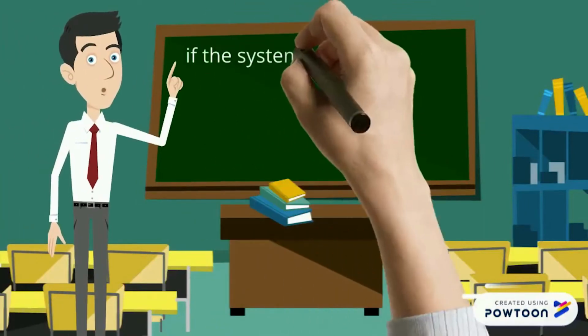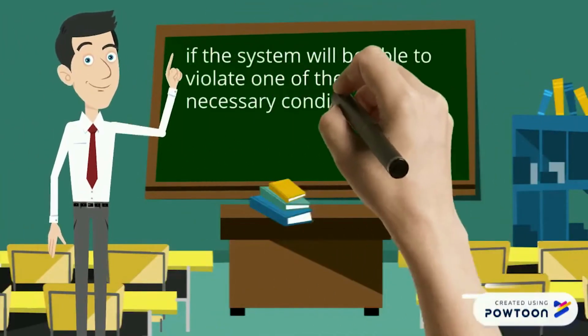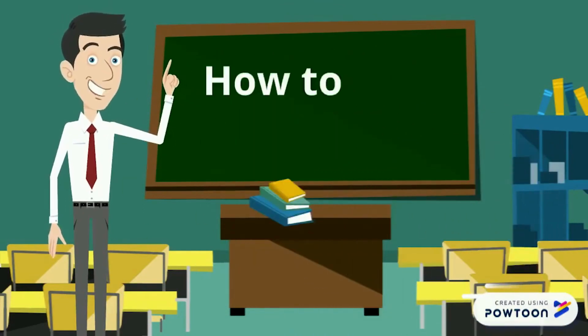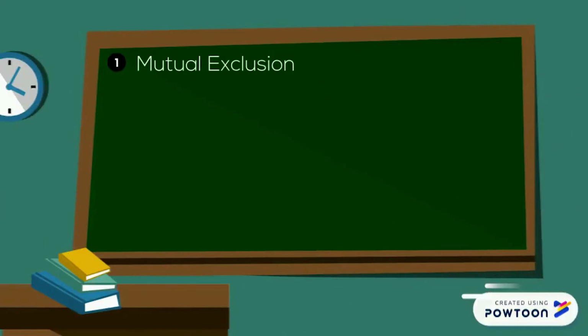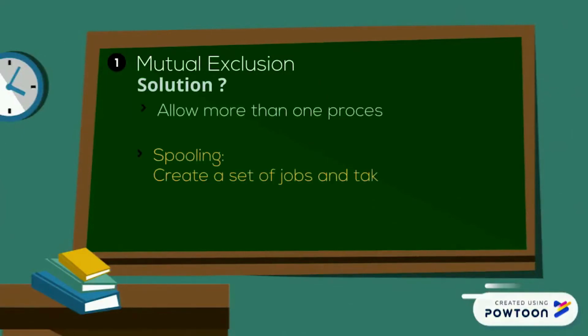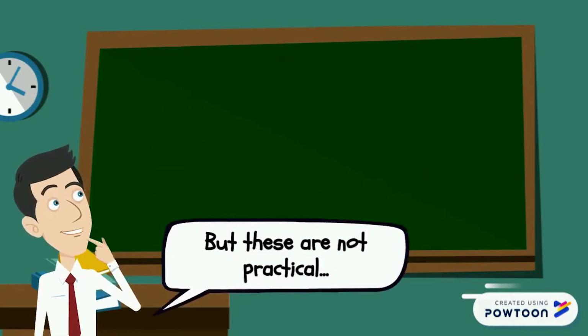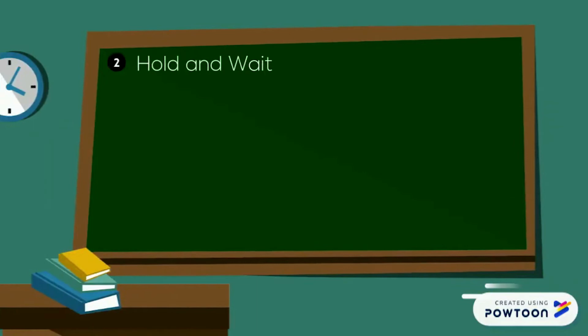If the system is able to violate one of the four necessary conditions for deadlock, it can prevent the deadlock. How to do that? Number 1. Mutual exclusion. But these are not practical. Number 2. Hold and wait.